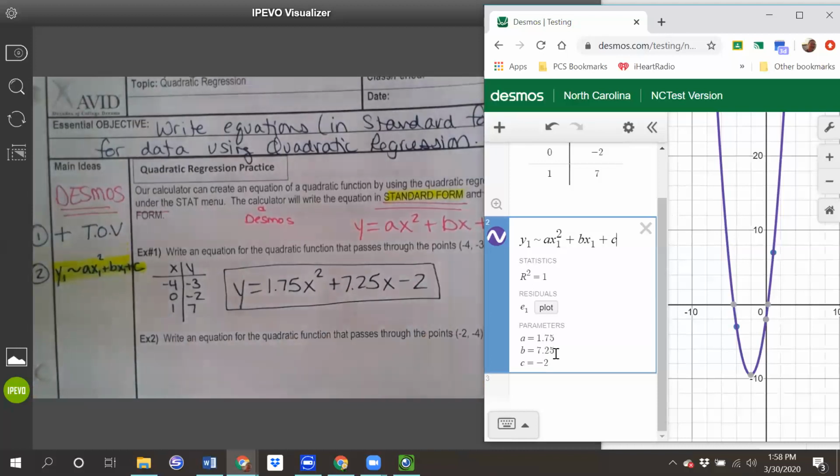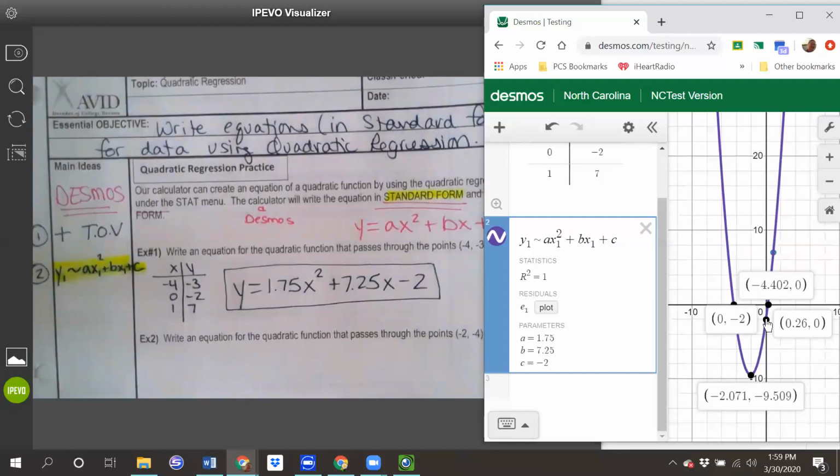Now, here is the best thing in the world. On this equation, I know what my vertex is. Look at, I can click on my zeros. I can click on my y-intercept. So once I have created this equation in Desmos, I don't have to go to a different screen. I don't have to retype stuff. It is already there, and I can see all of my key features.